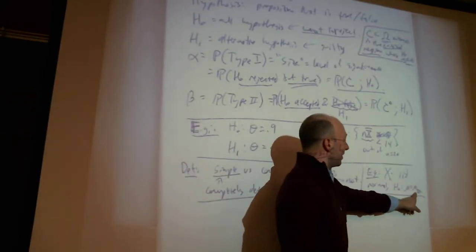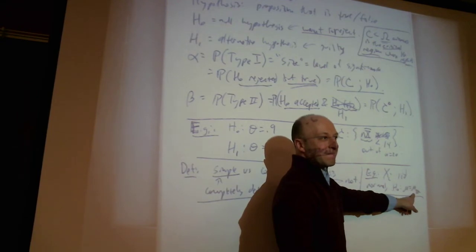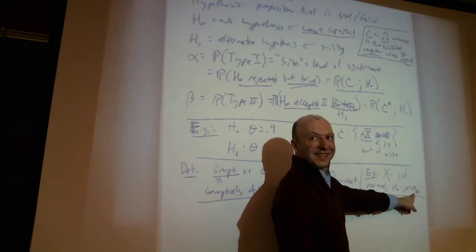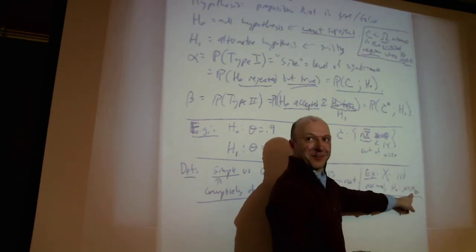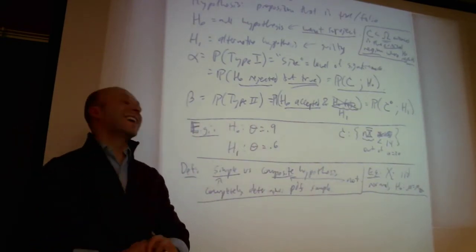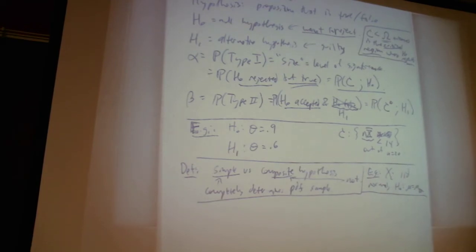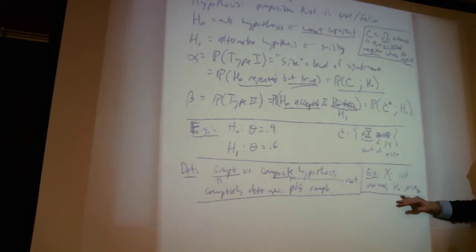Is this hypothesis simple or composite? Composite. Zach says composite. It's got to be composite, right, Mohammed? Why? Because Zach said it. Because Zach said it? That is a good statistical test. In this case, it's accurate. In a lot of cases, it's accurate.